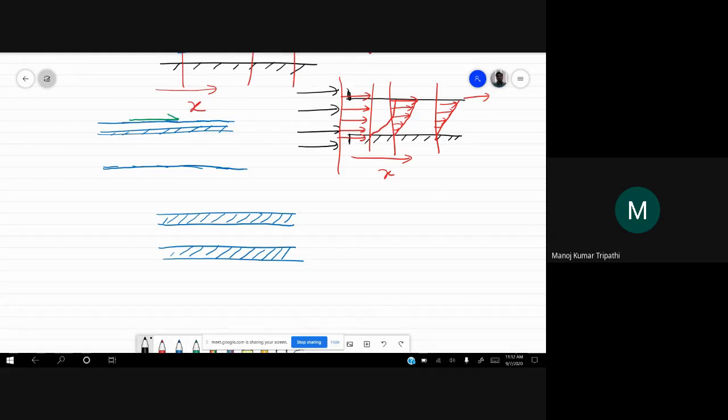Now on the top layer, this force is acting. That force is being applied by the wall on the top layer or the layer above it. It depends on where this layer is. Now because the bottom plate is fixed, that is also applying some force on the layer attached to it, depending on the velocity of the layer above it.